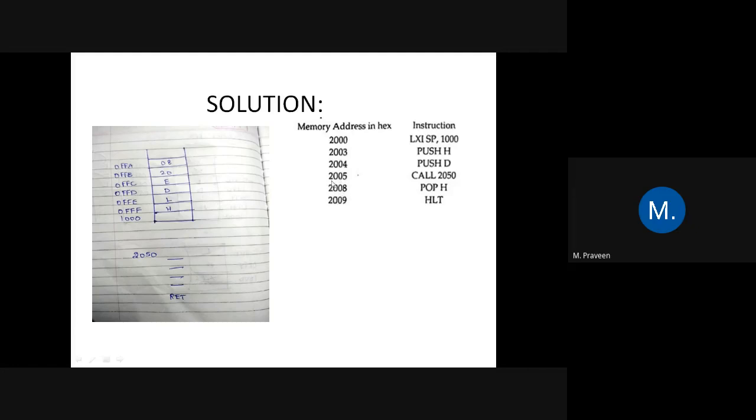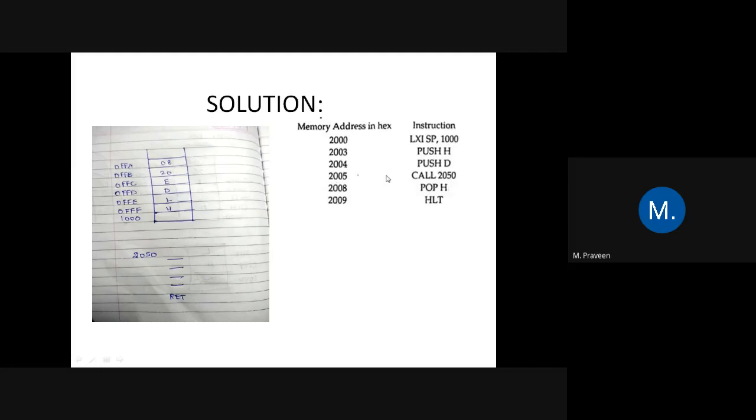The next instruction address is 2008, where you have pop H. So before doing the call instruction, the program counter will store the next instruction address, which is 2008. But actually, what is happening here is that we are going to call the address from 2005 to 2050.